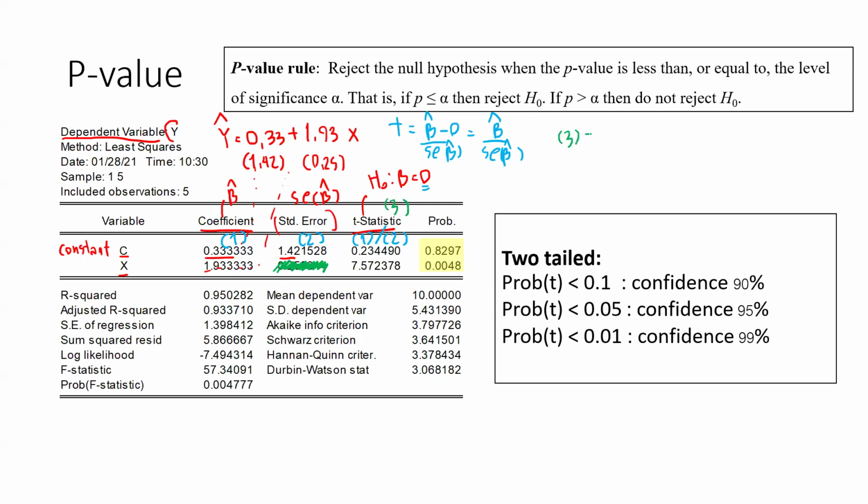So 3 equals 1 over 2. Then you would like to find 2, right? So you can choose that 2 equals 1 over 3. So you use this t stat and this coefficient, you can calculate back the standard error.